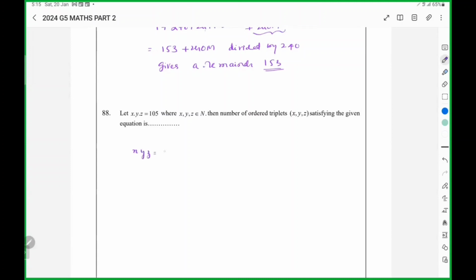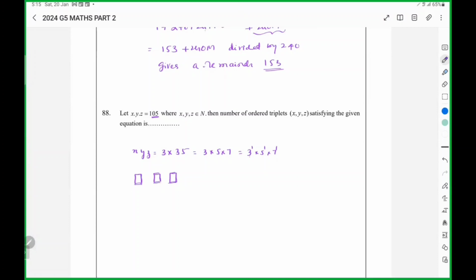Here it is 3 into 35. So 3 power 1, 5 power 1, and 7 power 1. How many places are allotted for 3?